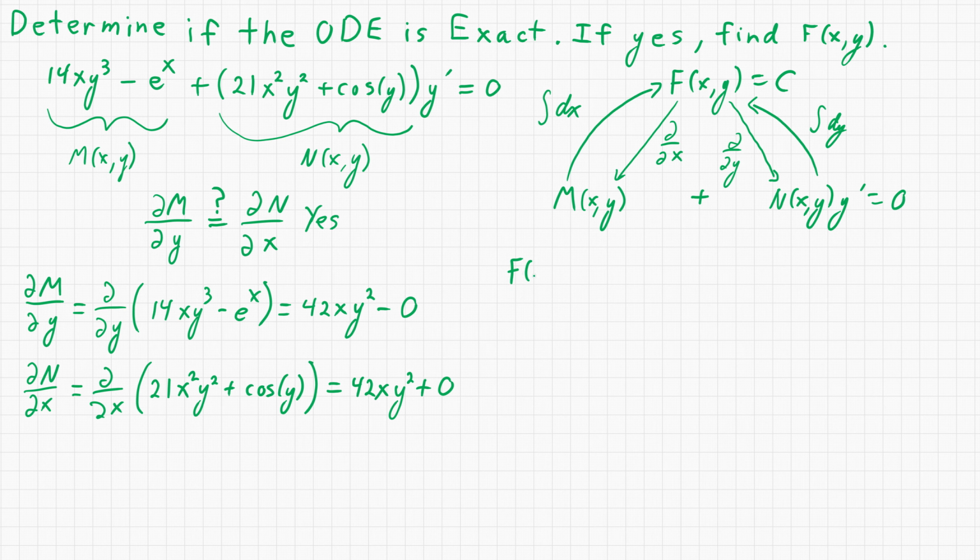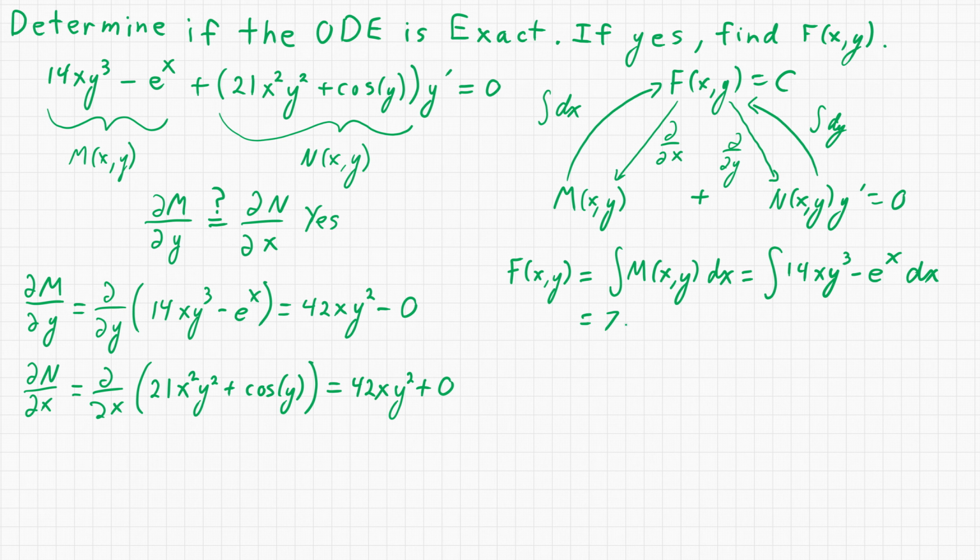So f of x comma y is equal to the integral of M of x comma y dx. Okay, well that's the integral of, going back here, 14xy cubed minus e to the x, and then there's a dx on the end. All right, well let's see, so 14x, so x will turn into x squared, and it will take a 2 out of the 14, so that 14 will turn into a 7.